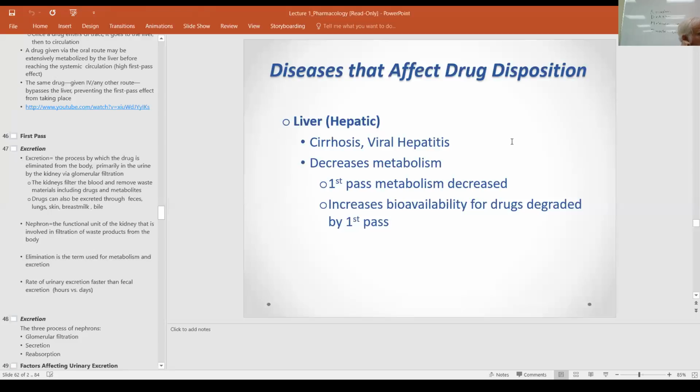And what happens in the very young and the very old is exactly this right here, cytochrome P450. In the very young, it's not as well developed, and so it doesn't function very efficiently. So drugs tend not to get metabolized very well in the very young.